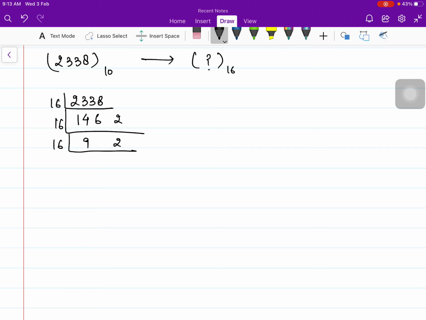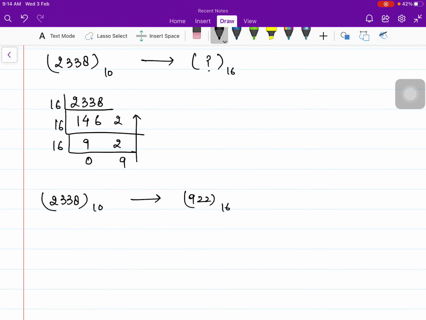Now 9 has become less than 16, so quotient will be 0 and remainder will be 9. Stop the division, move from bottom to top. Your answer is 922 in hexadecimal.